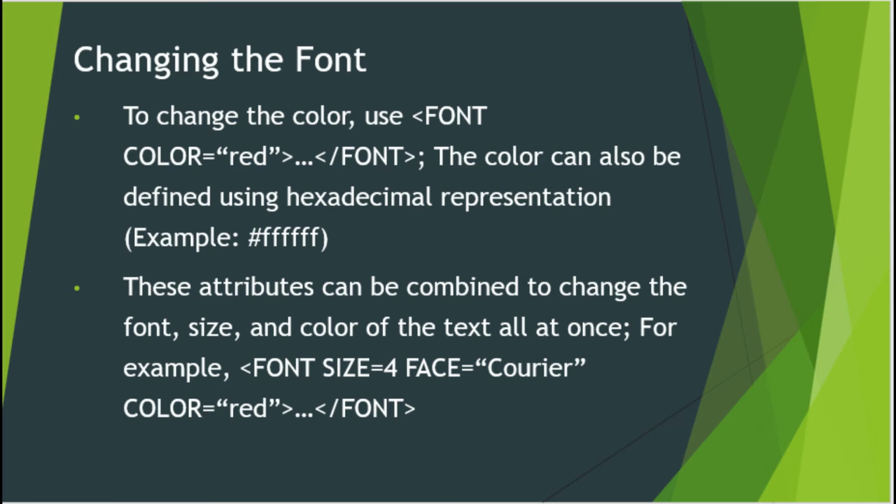It can be combined to change the font size and color of the text all at once. For example, font size equal to 4, face equal to courier, color equal to red. So in an HTML web page we can set the font face, size and color of the text.